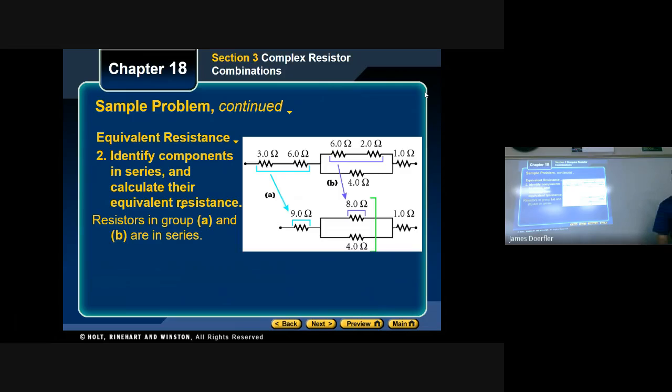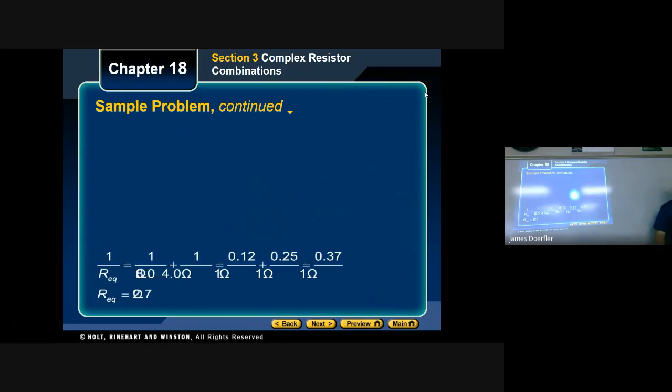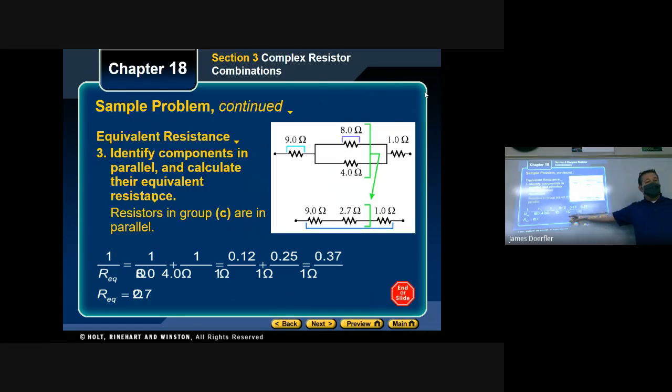My program doesn't like to show this correctly, but you take the reciprocal sum of that, and you find that it's 2.7 ohms for this parallel circuit. Every single calculation that we do has been subtly reducing that complex circuit, simplifying it. So we get 2.7 here.